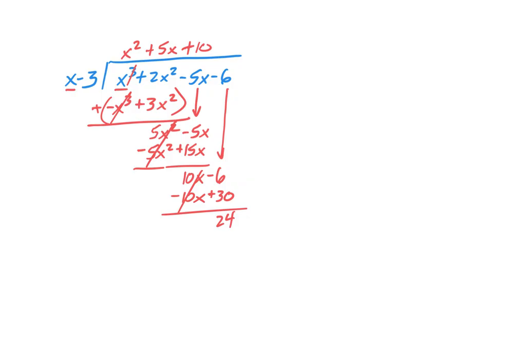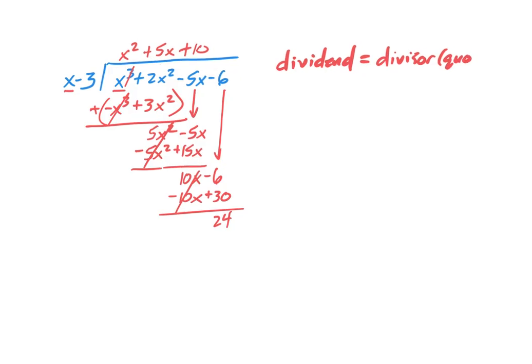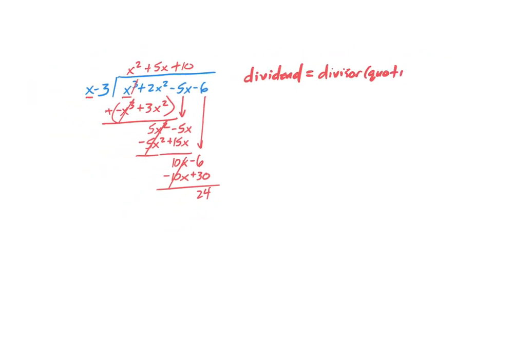Now, writing our answer here, in some cases, they're going to ask us to write our answer like this. Dividend equals divisor times the quotient plus the remainder.